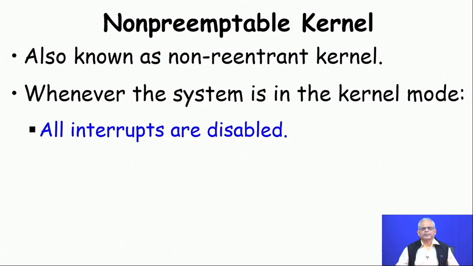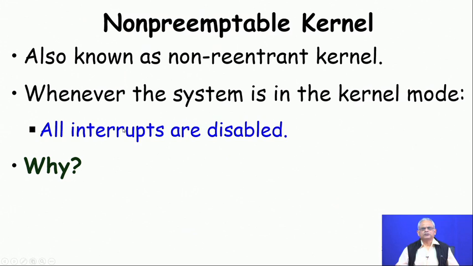So, if a data structure that is part of the operating system is modified halfway, and then there is a preemption and some other part of the operating system runs and reads or modifies this inconsistent data, then it will lead to an inconsistent system and can crash the system.